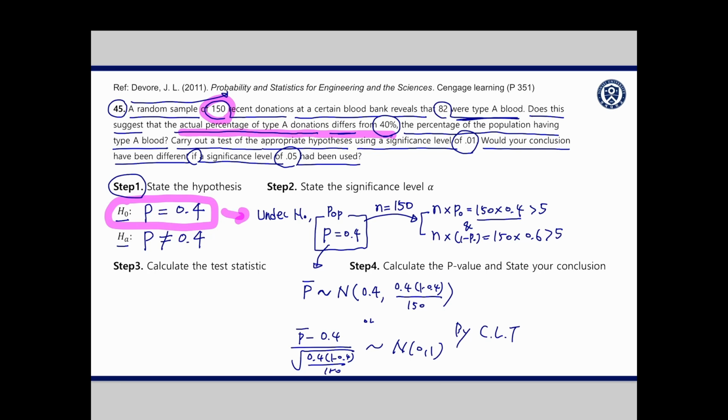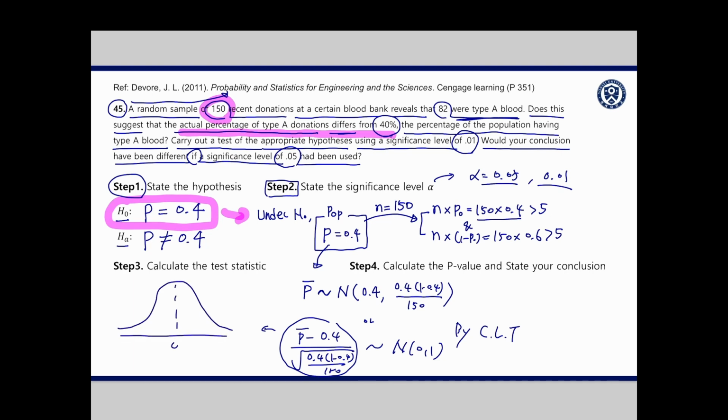Okay. In step 2, we will consider the significance levels alpha 0.05 and 0.01, and we compare the results. Okay. And the distribution for P bar is as follows.